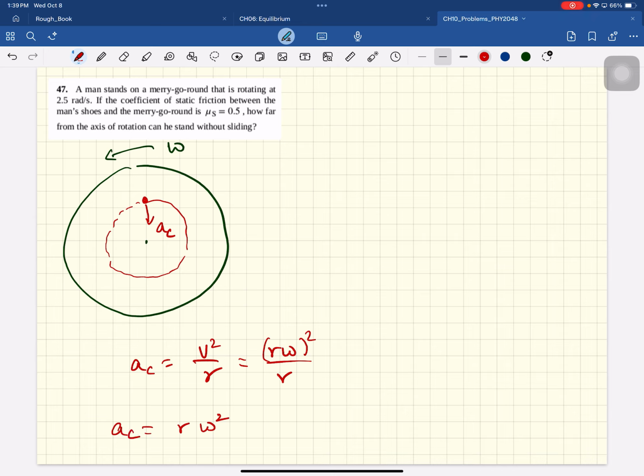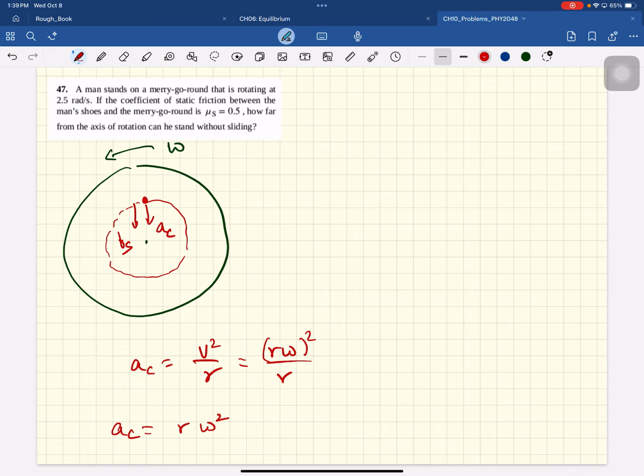What is providing the centripetal acceleration? What is providing the centripetal force? The static friction force. And what do you know about the static friction force?